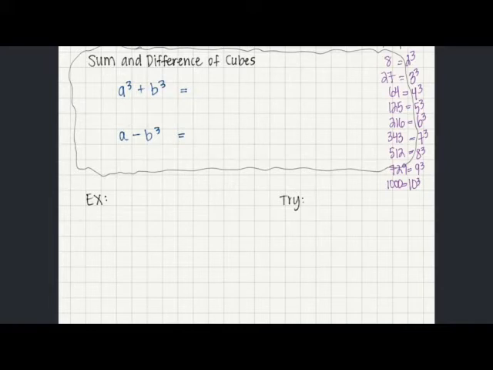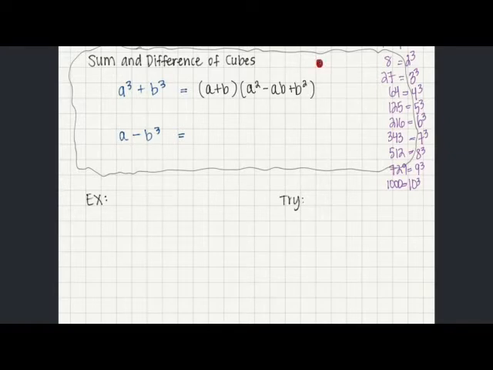Now, there are some formulas, and I have a fun kind of way of remembering these formulas. If I want to factor a cubed plus b cubed, it's going to equal a plus b times a squared minus ab plus b squared.